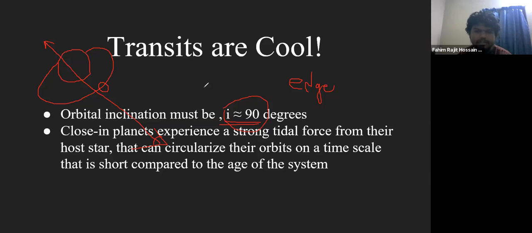So eccentricity is a very important thing. But for hot Jupiters, we get that this particular planet has a very close to circular orbit. So that's a plus point for us.